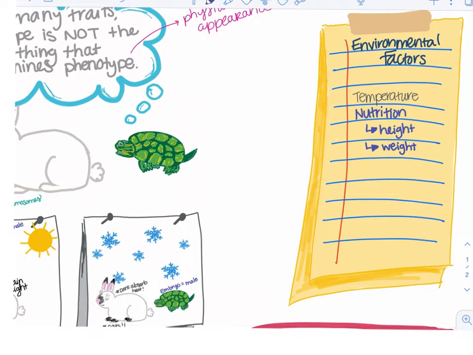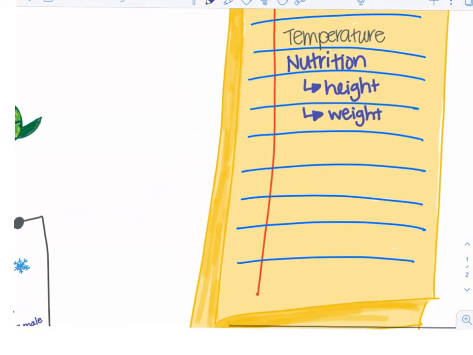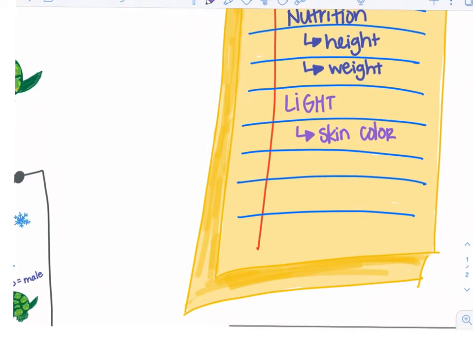We have temperature, nutrition, and light. Exposure to sunlight changes our phenotype as well. Think skin color, right? Some of us, when we are exposed to lots of sunlight, our skin color turns red because we sunburn, or maybe you tan really well, so it affects your phenotype.